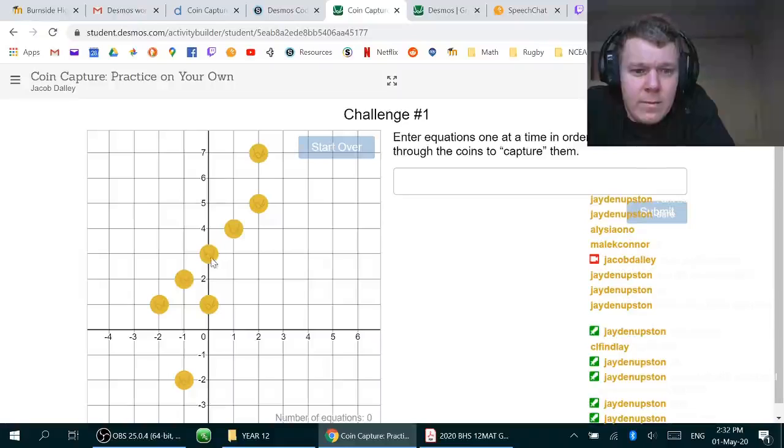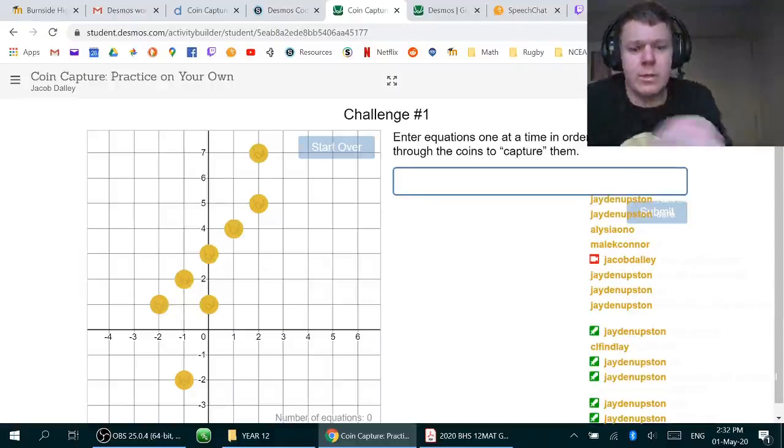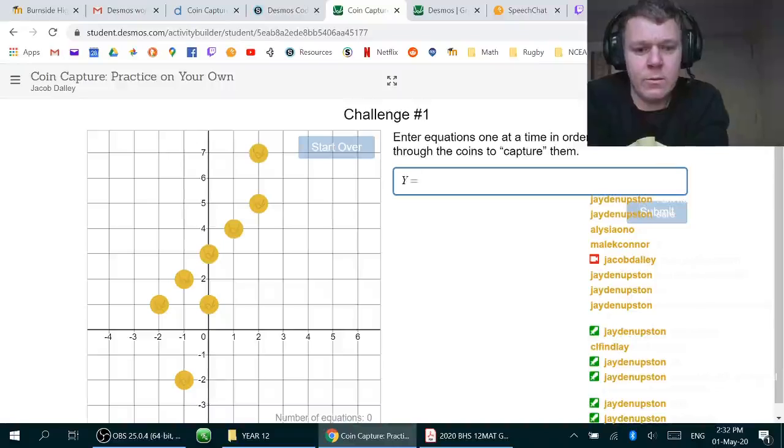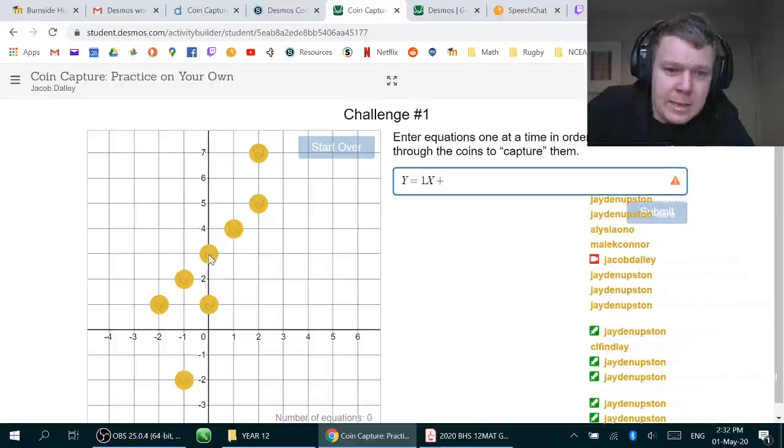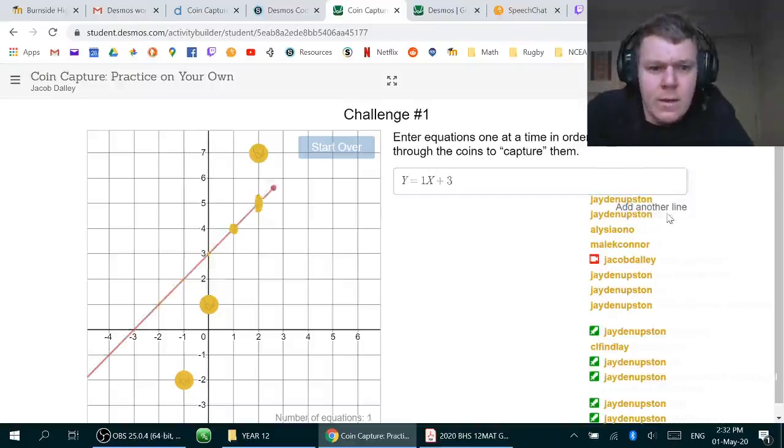So that's going across 1, up 1, so it's just going to have a gradient of 1. So y equals 1x plus, and then its y-intercept is at 3, so let's try that. So that's going to get through those coins.